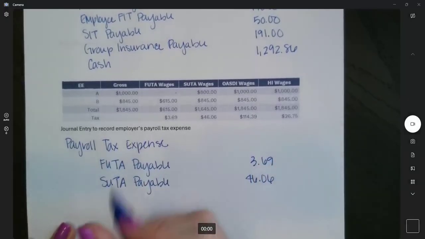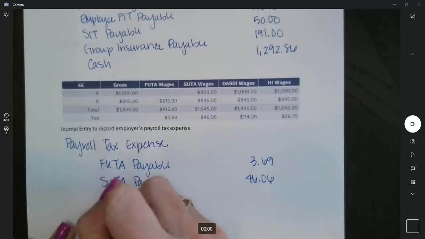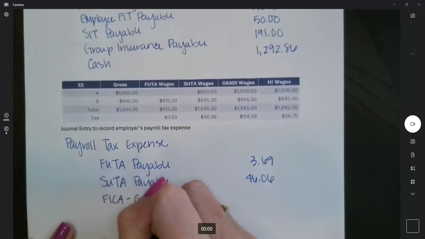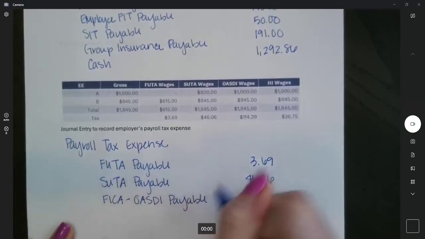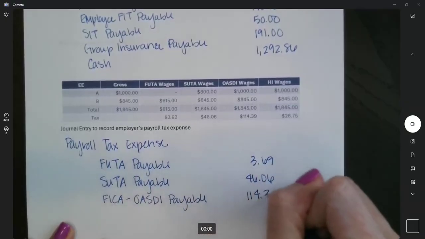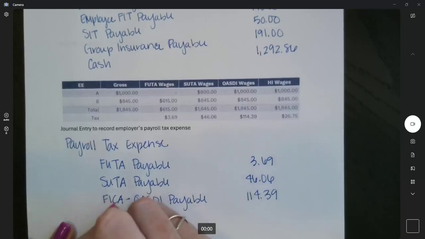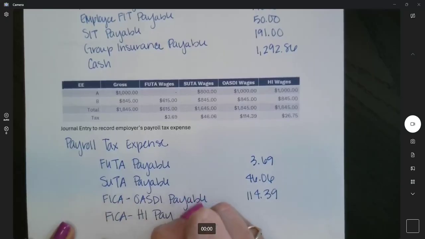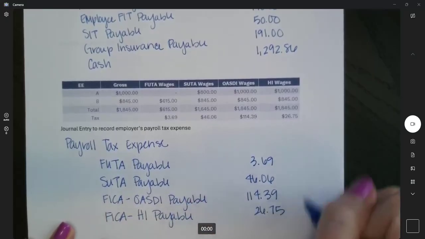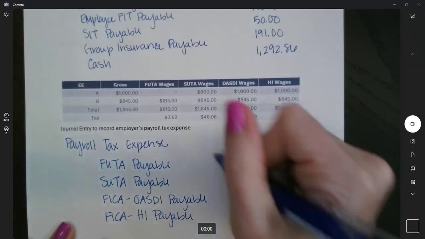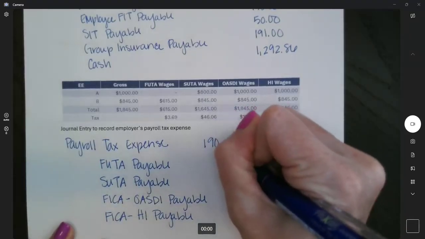Then we have the FICA OASDI. That's $114.39. And then we have the FICA HI. That's $26.75. All of these get added up. Our total payroll tax expense is a debit of $190.89.